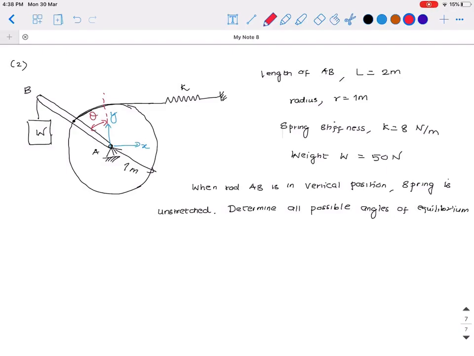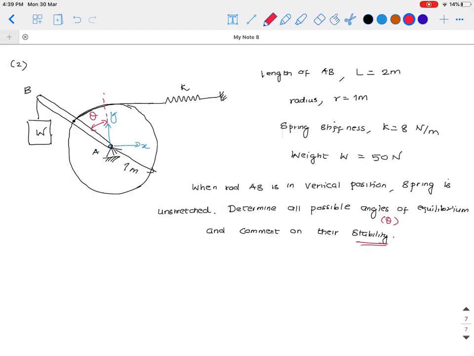Determine all possible angles of equilibrium and comment on their stability. So this is what we need to do. We need to find angles theta for which this system is in equilibrium and comment about their stability.